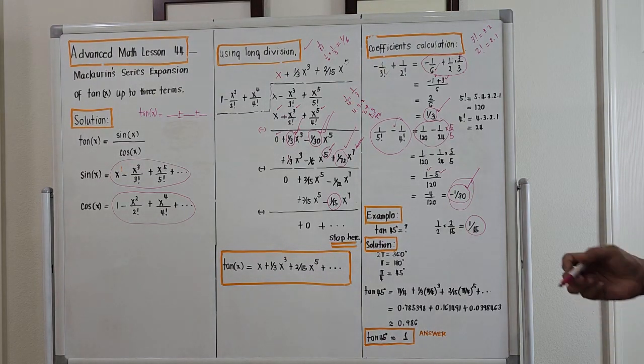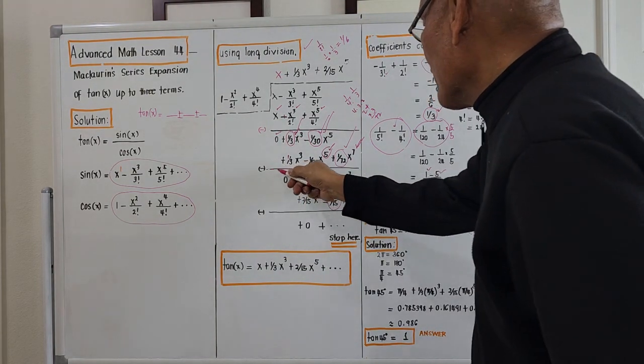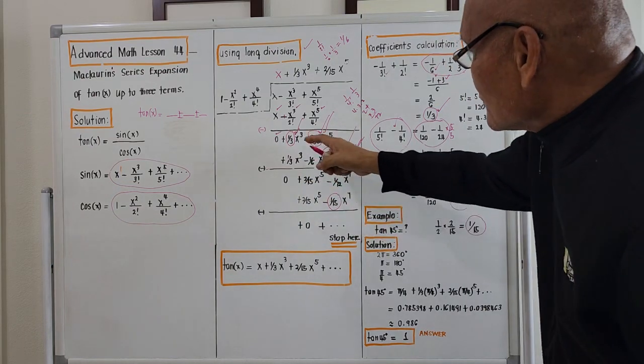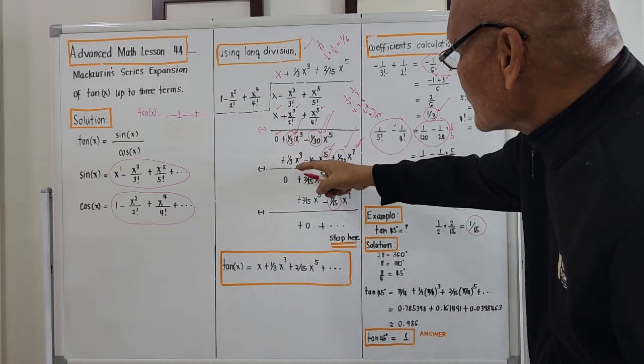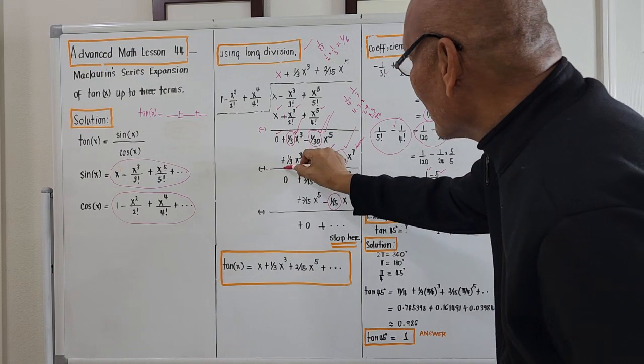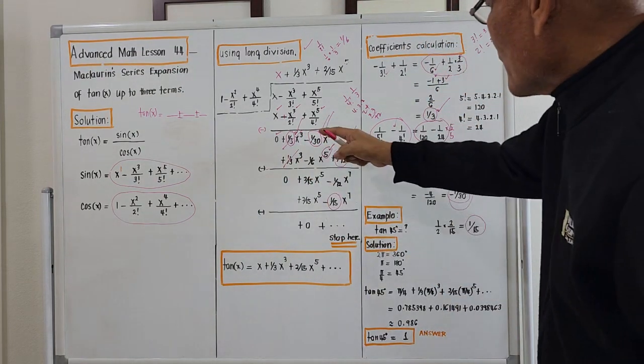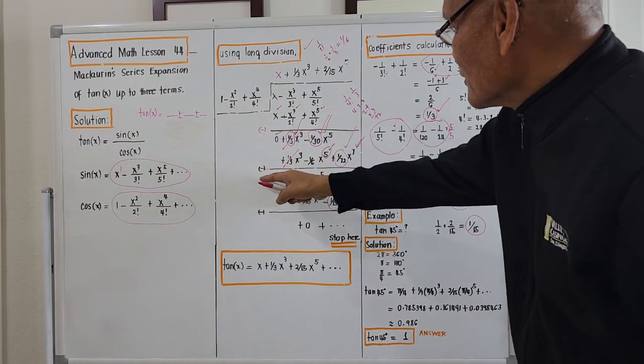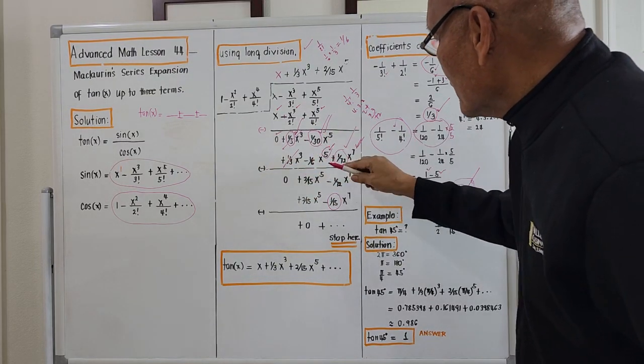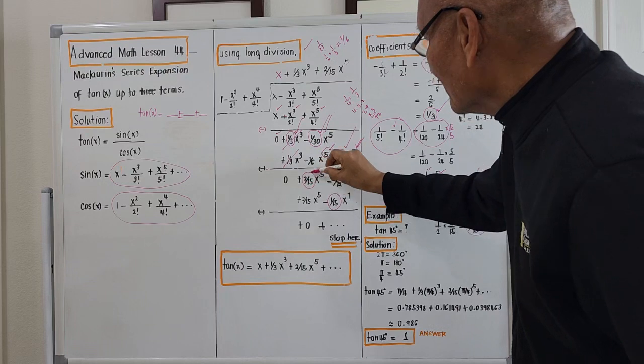And again, you perform the operation subtraction. This is 1/3 x cubed minus 1/3 x cubed. It cancels out, right? So this is gone. Minus 1 over 30 minus plus 1/6. What will come out will be 2 over 15.